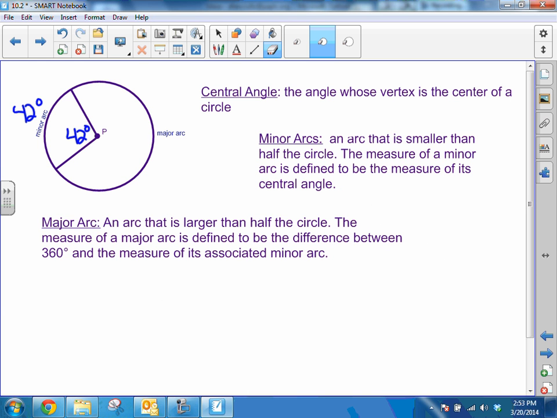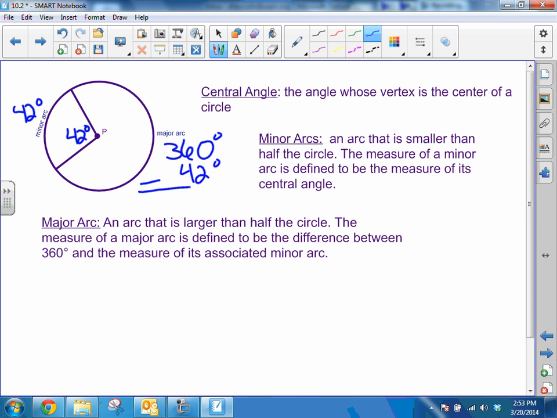An arc that is larger than half the circle. The measure is basically taking 360 and either subtracting the central angle or the minor arc because really they're the same. So, 360 minus 42. So we got 318. Good, and that would be the major arc.